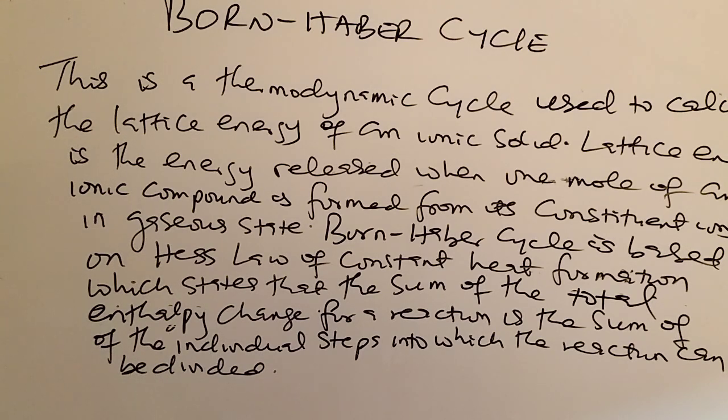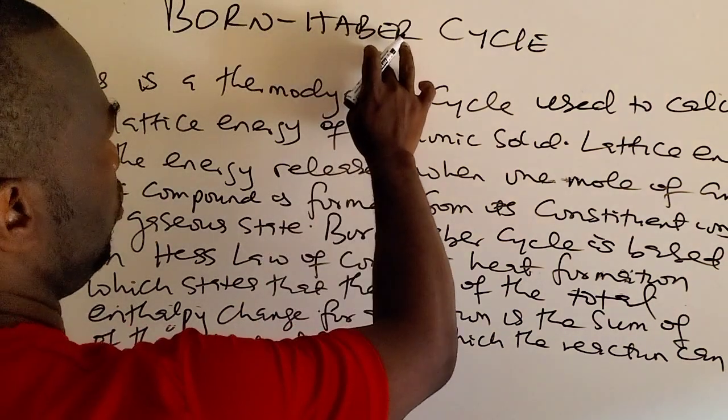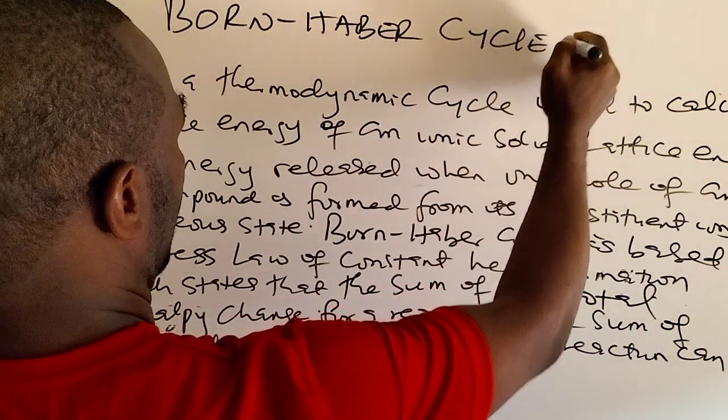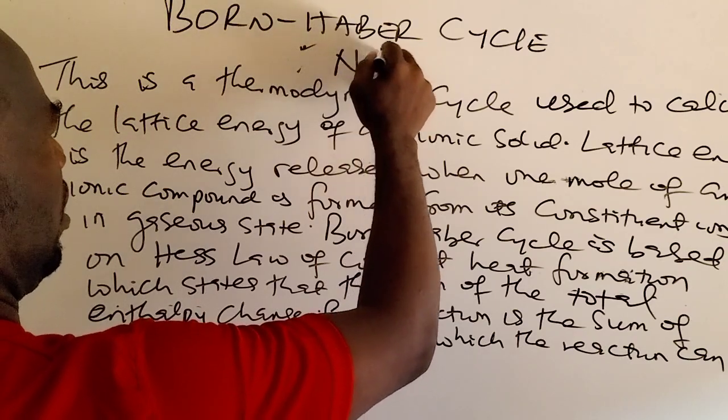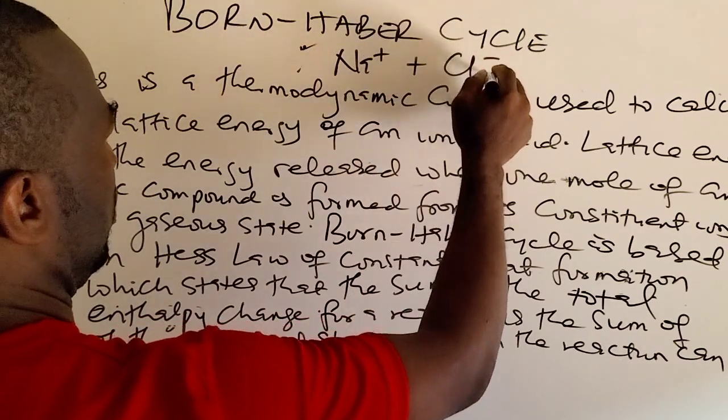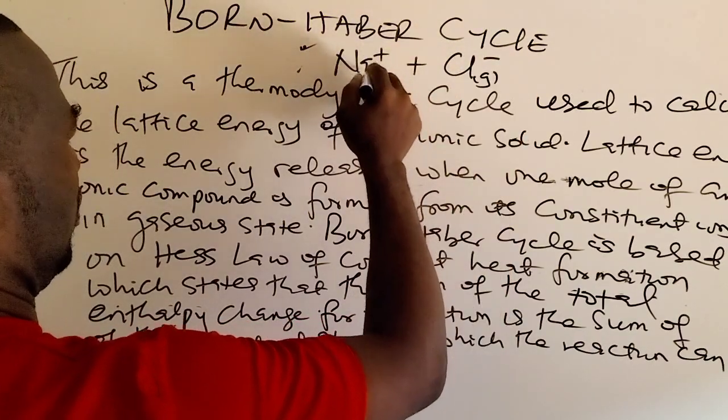What is lattice energy? Lattice energy is the energy released when 1 mole of an ionic compound is formed from its constituent ions in the gaseous state. For instance, if I wish to produce sodium chloride, it is obtained from sodium ion and chloride ion in the gaseous phase.